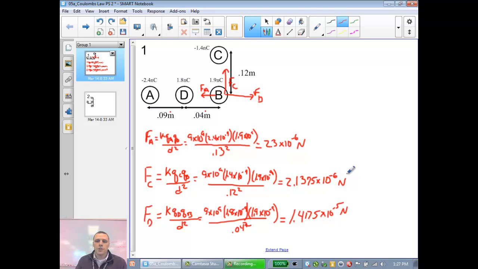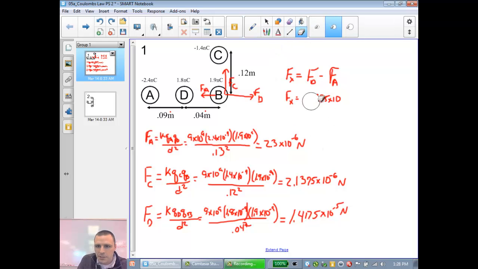The next thing that I'm going to do is, if you notice, there's two forces in the x direction. And what I want to do is just combine those into one x force. So force in the x direction equals Fd, D is the bigger value, look at the number, minus force A. I mixed that up, I apologize.